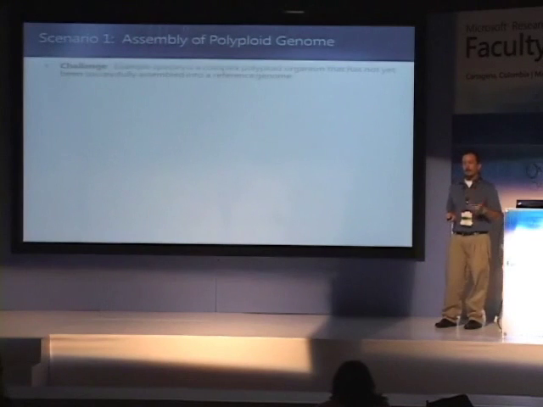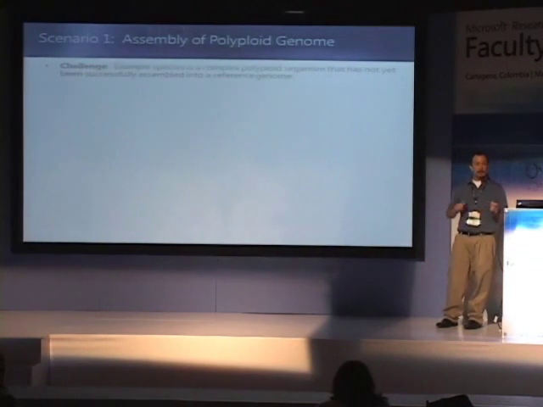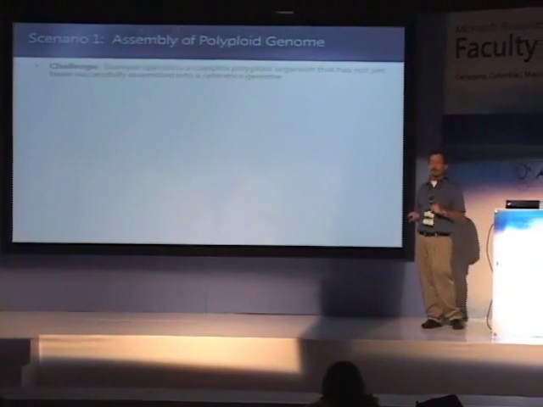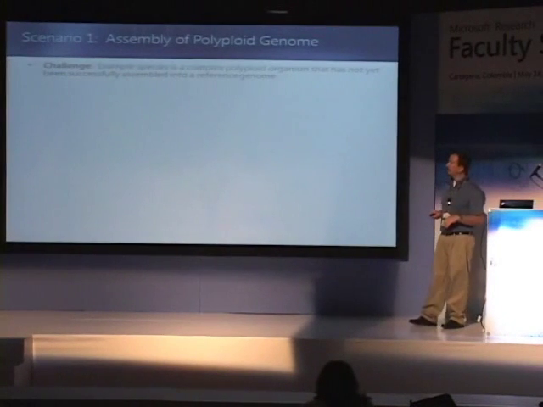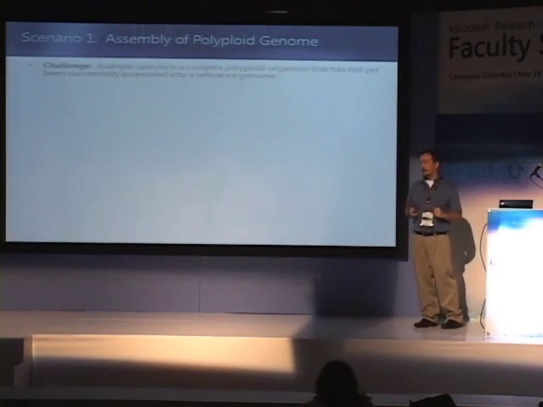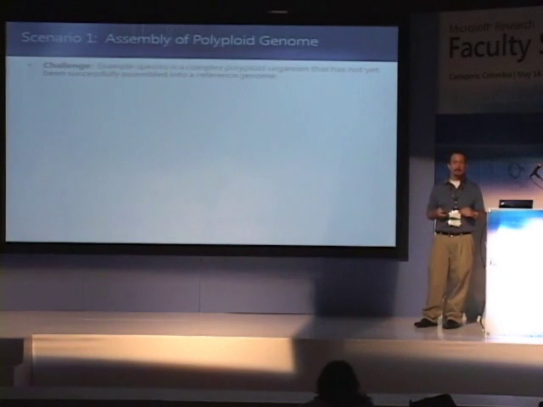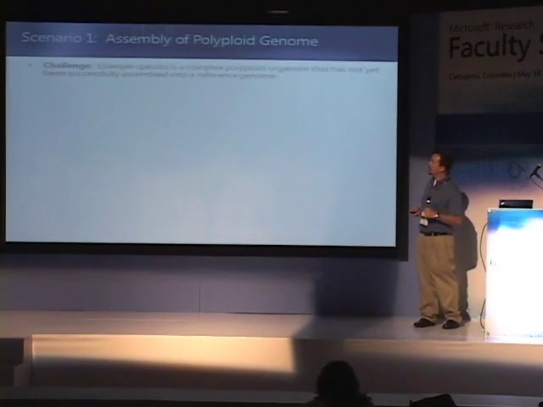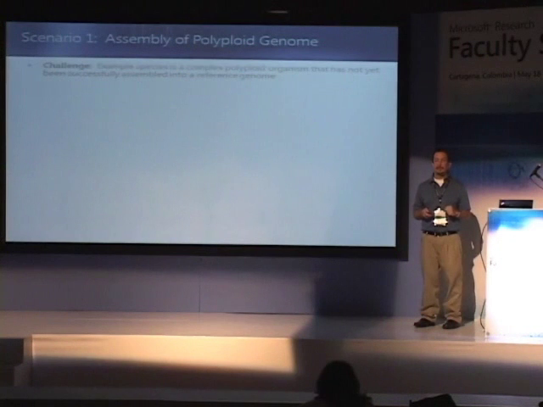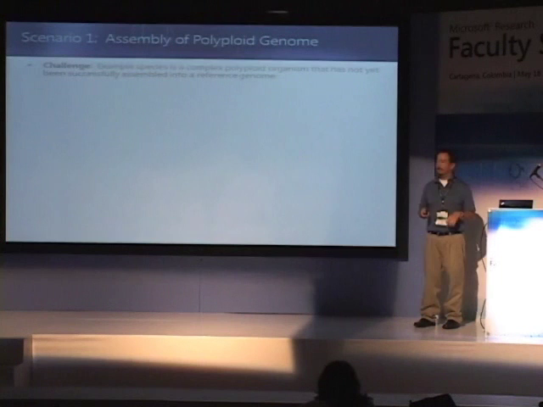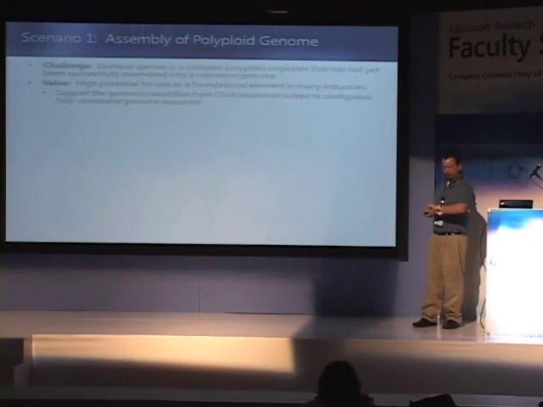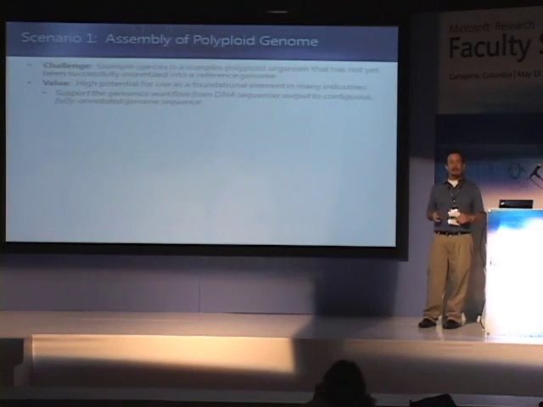So our core scenario that we chose to help address the primary goal of supporting large genomes in this effort was taking some example polyploid genomes, agricultural genomes, and making sure that we can assemble those. And it's one of the reasons that we've implemented the comparative assembly techniques that I'll show you some details on in a minute. Lots of different ways that being able to assemble sequences of this nature can benefit society.